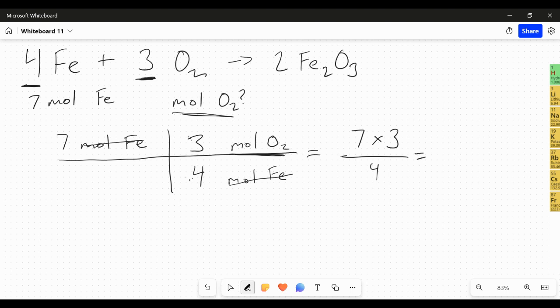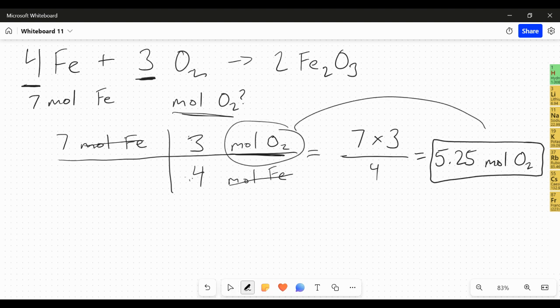The answer is 5.25 moles of iron. Oops, sorry. My mistake. Moles of oxygen. Ooh, that would have been embarrassing. Okay, so the unit that we had left over just gets carried over and put at the end. Okay, let's try another one.